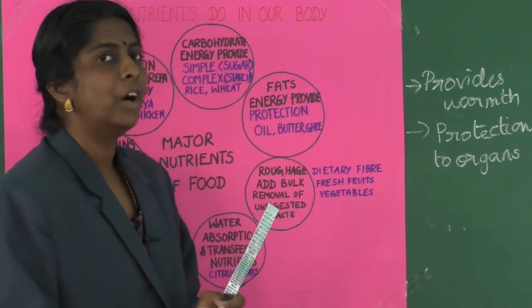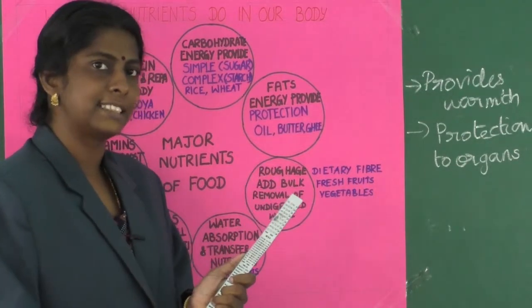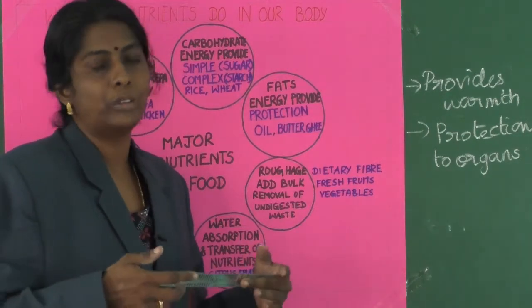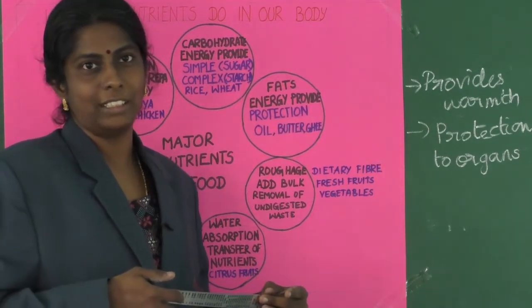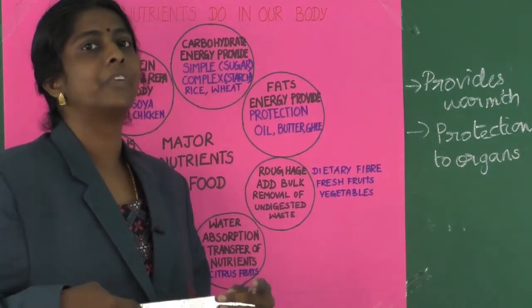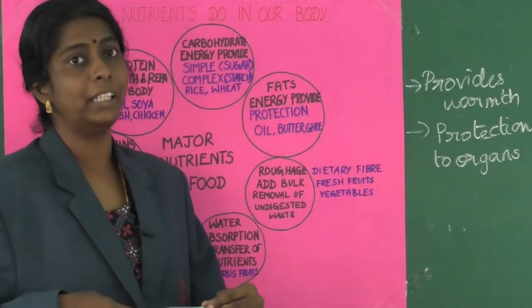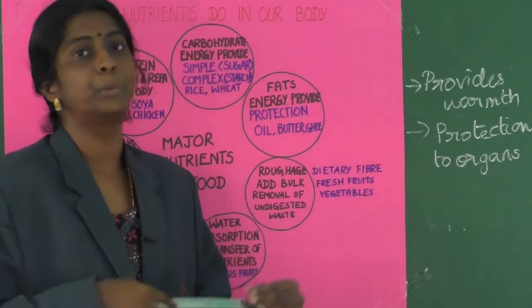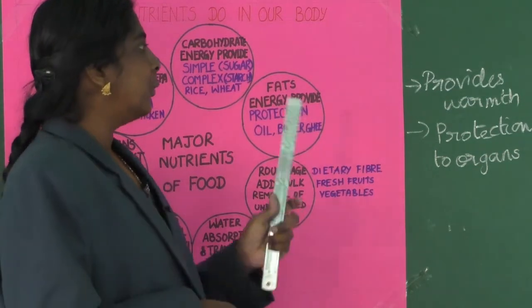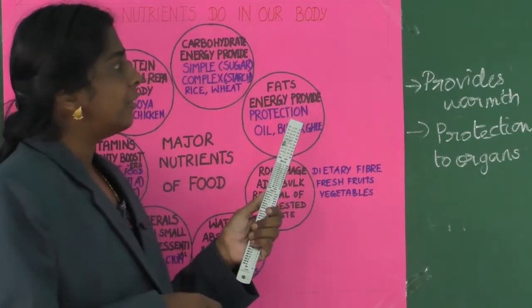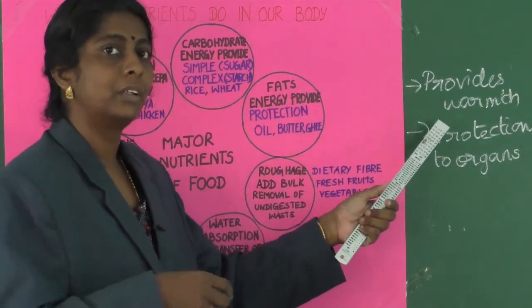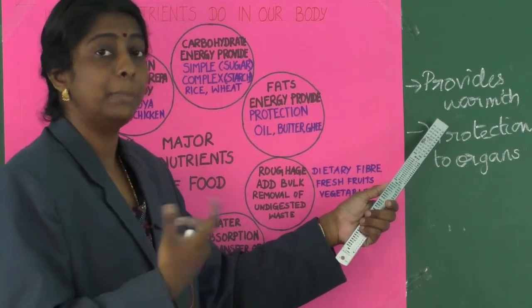Yes students, now about the second major ingredient, fats. Some used to tell you should not have more amount of fats, it's not good for health and all, is it not? But trust me, fat is also an important essential component, and it is an energy provider. Wherever the layer is there, it provides warmth to the particular area.